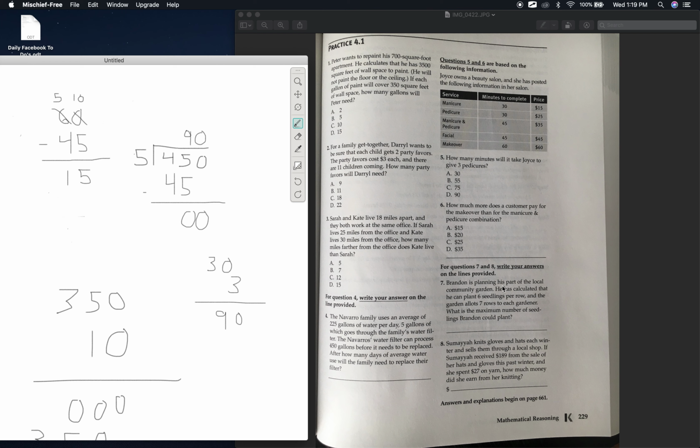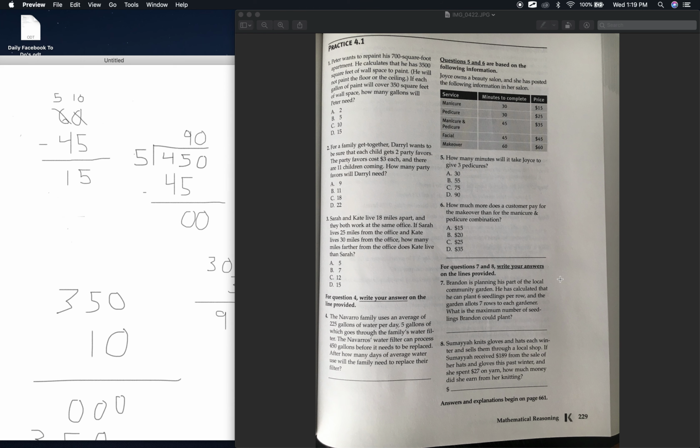For questions 7 and 8, write your answers on the lines provided. Brandon is planning his part of the local community garden. He has calculated that he can plant 6 seedlings per row, and the garden allots 7 rows for each gardener.